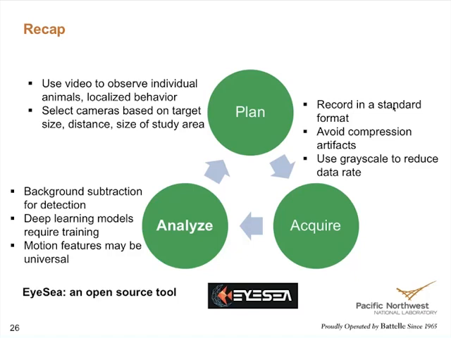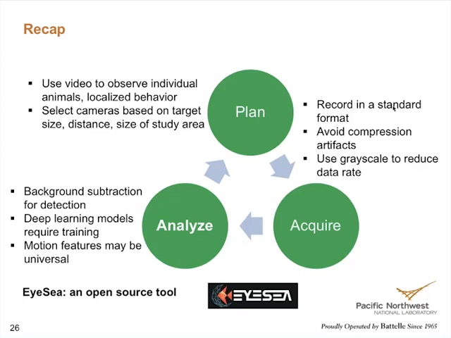So just to recap really quick, use video when you want to observe individual animals, when you want to classify them to species, and make sure to select the right camera to accomplish what you're trying to do, and that will be amenable to automated processing later. Record in a standard format. Try to avoid compression artifacts as much as possible.